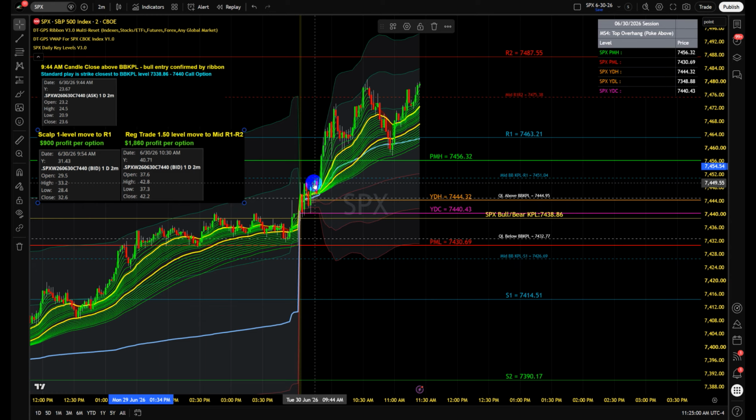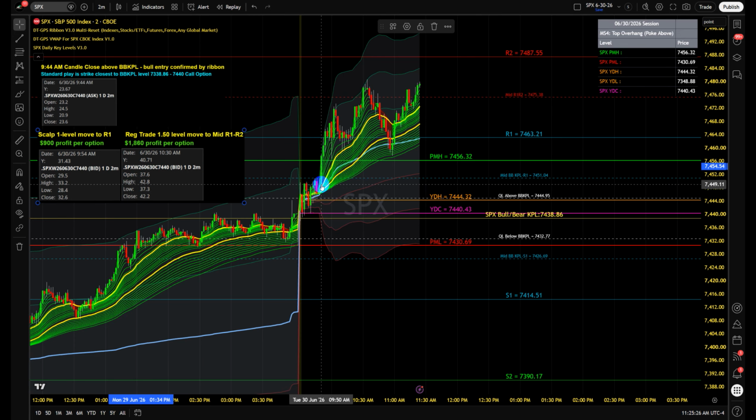However, we need confirmation. We're not just going on a candle close above for a bullish or a candle close below for a bearish. We also need confirmation from the ribbon. Ideally, you would also like to have confirmation from the VWAP, although that's not completely necessary, as the ribbon is actually more important than the VWAP. For confirmation, you cannot have a multicolored ribbon.